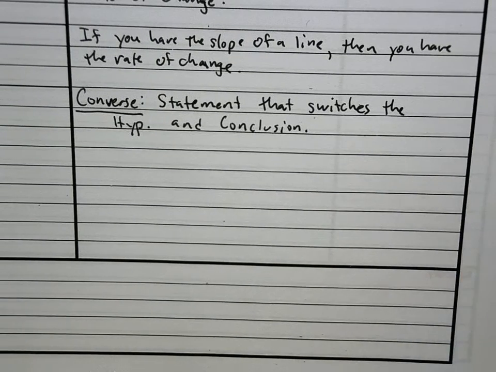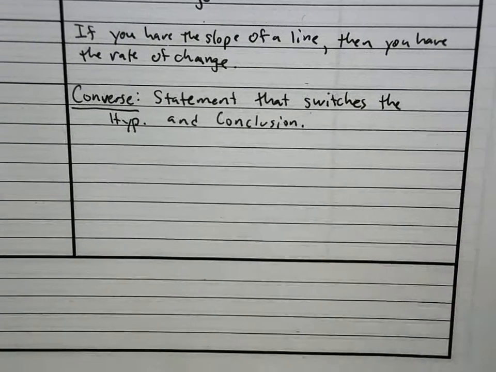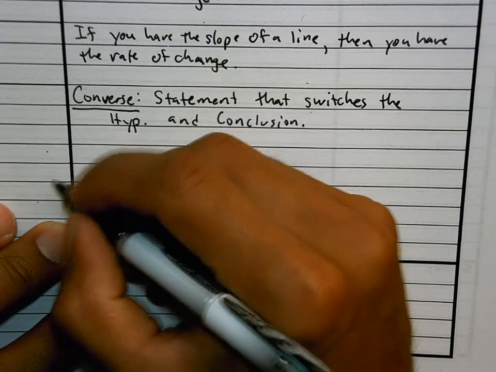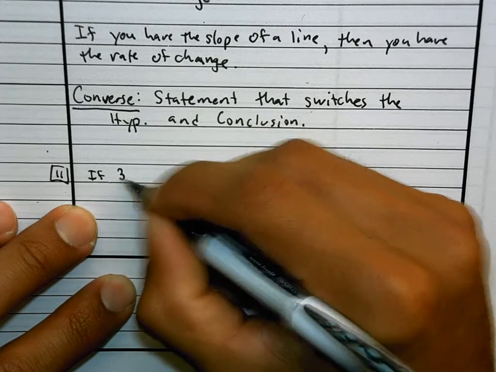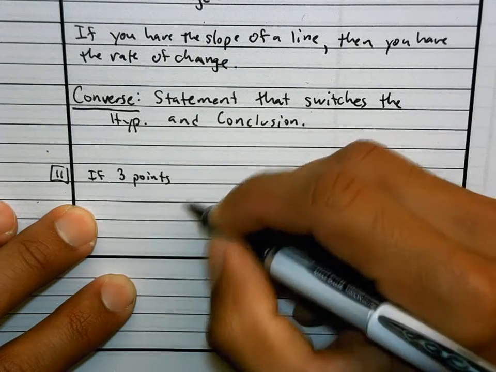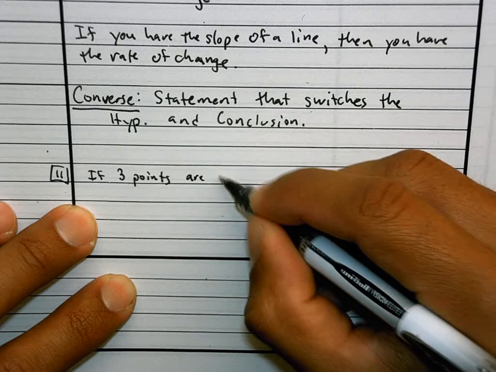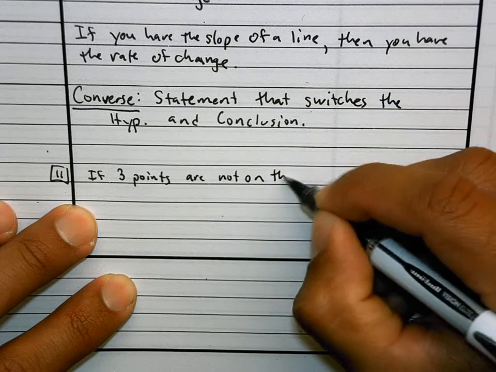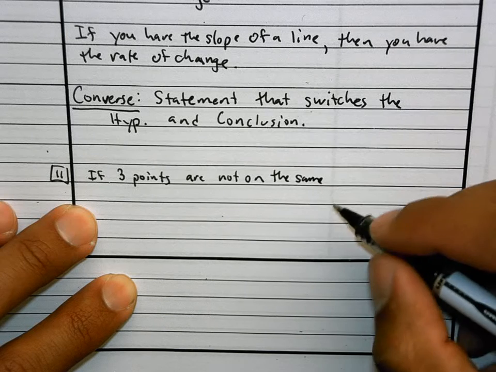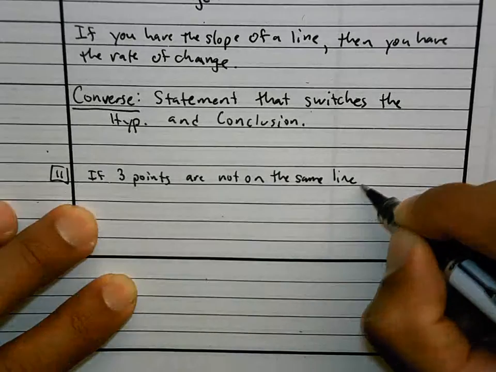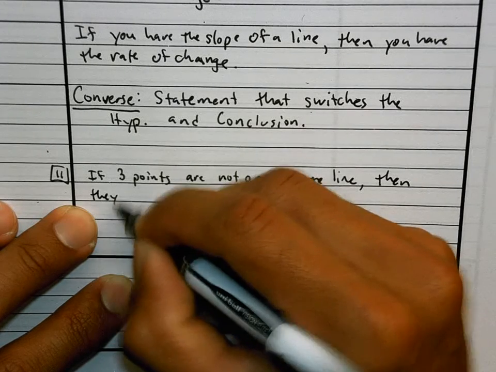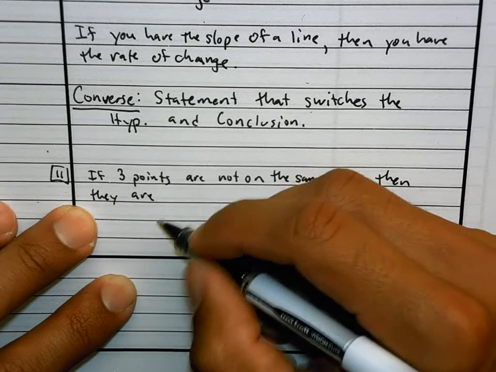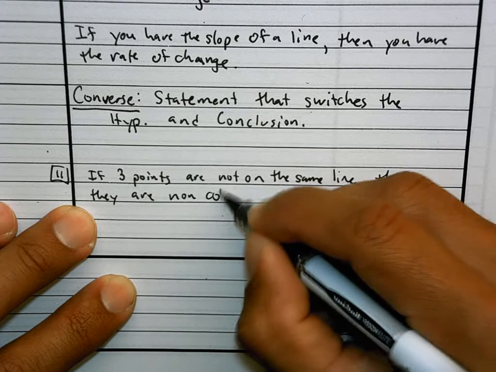Okay. So, converse, statement that switches the hypothesis and the conclusion. An example, I'll do number 11 with you guys. Here's number 11. 11 says, if 3 points are not on the same line, then they are non-collinear.